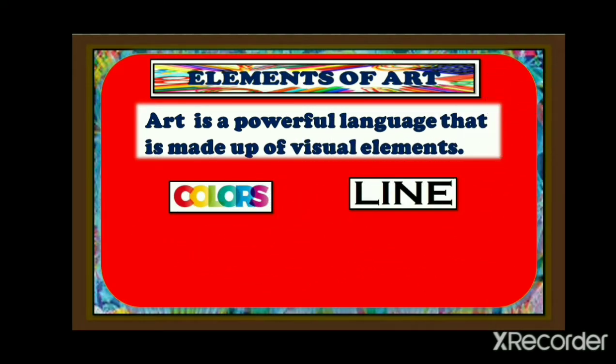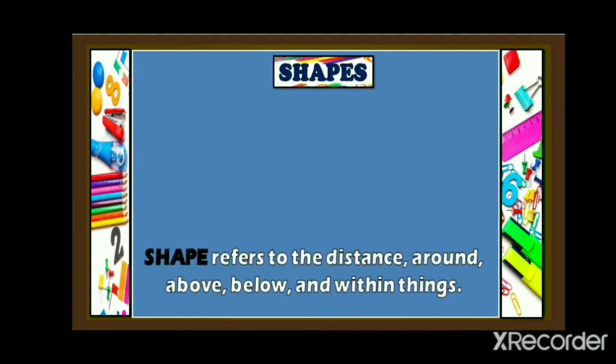Another element of art is shape. Now what is shape? Shape refers to an area clearly set off by one or more of the other elements of art. It refers to the distance around, above, below, and within things.